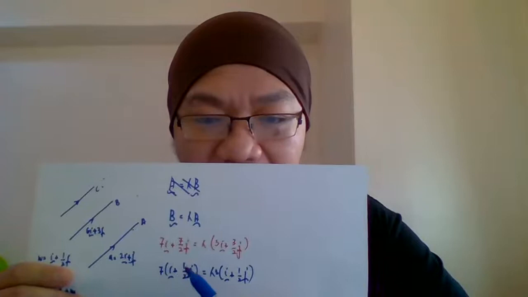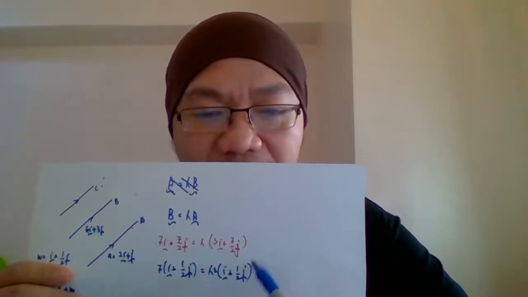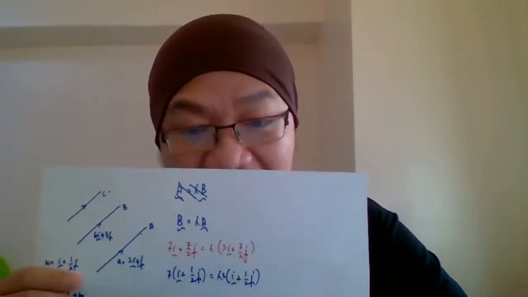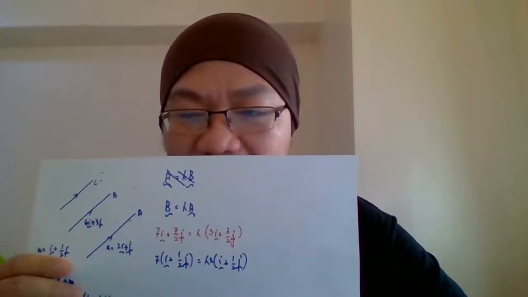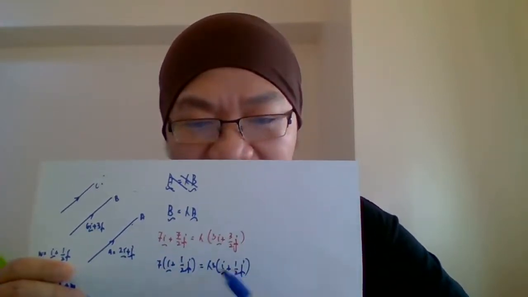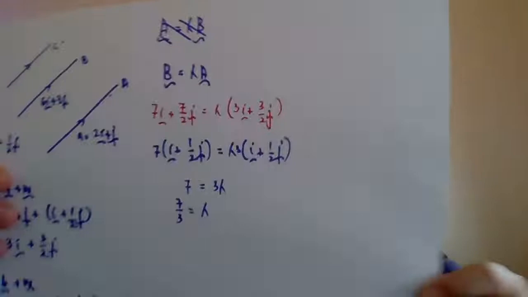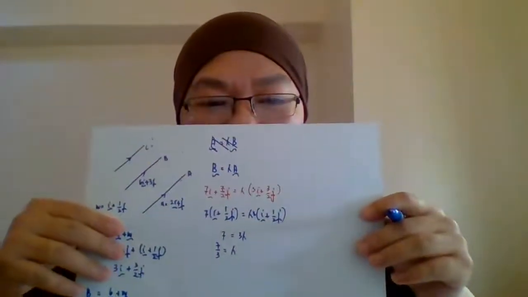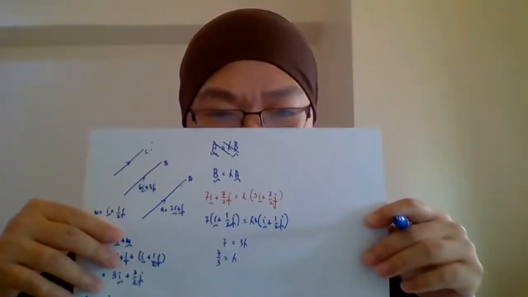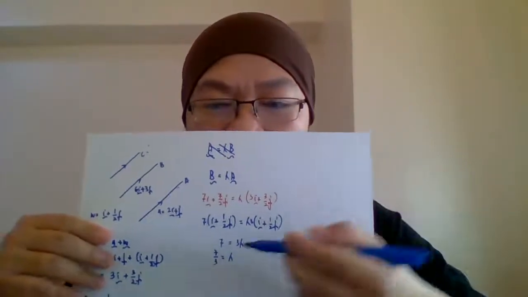Since this vector i plus half j is the same vector on both sides, they can cancel each other. So 7 equals lambda times 3, 3 lambda, so lambda equals 7 over 3. So the answer is lambda equals 7 over 3. Now we need to update B equals lambda A.